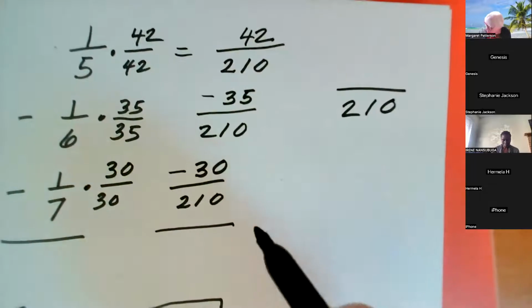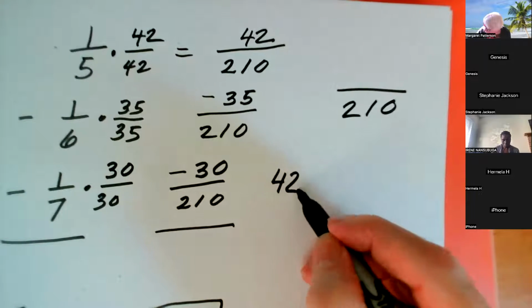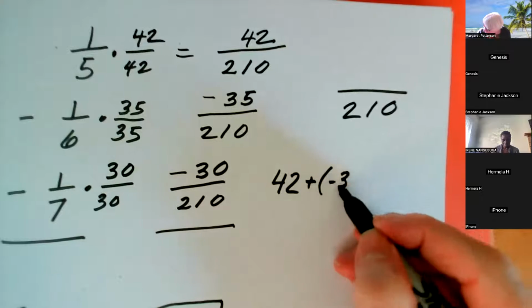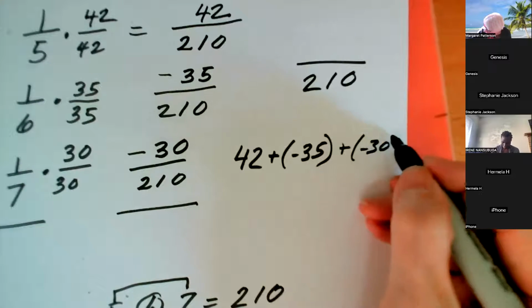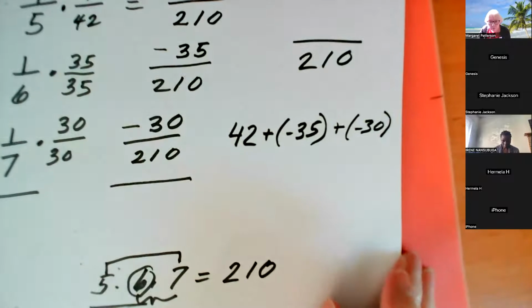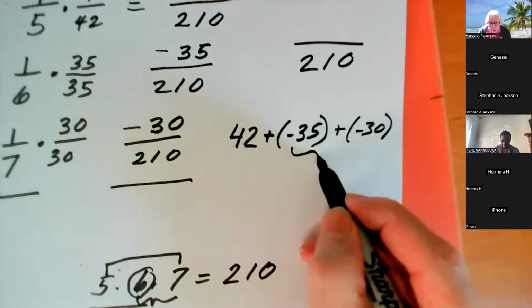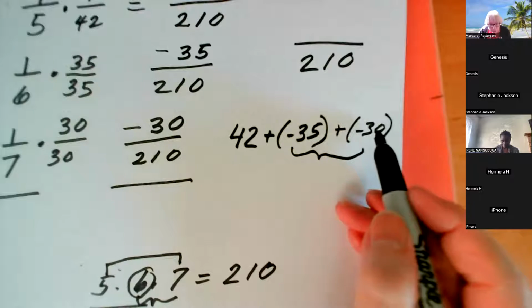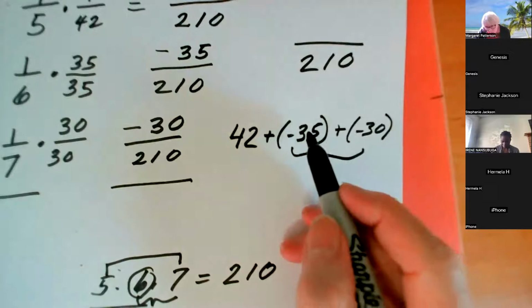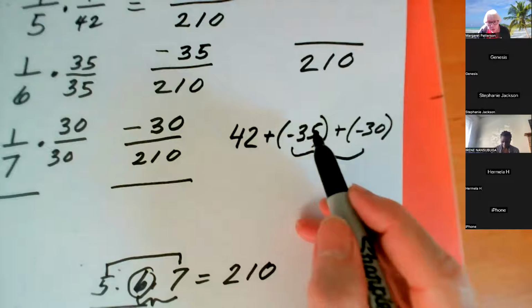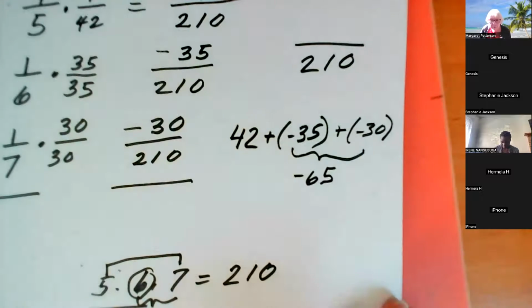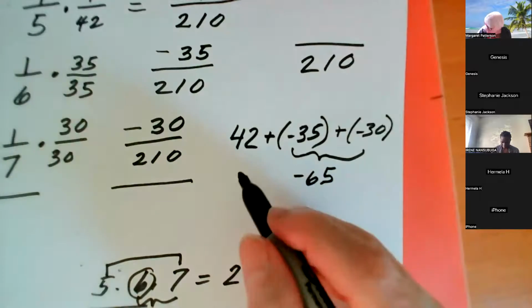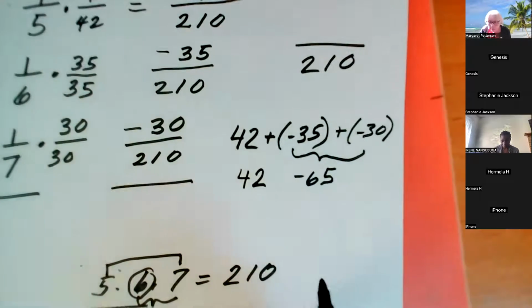And so what would that be? Well, it'd be 42 plus negative 35 plus negative 30. Now, one thing you can do is put your negatives together because you just add them. And so 35 and 30 make 65, but that's negative. And then it's positive 42.